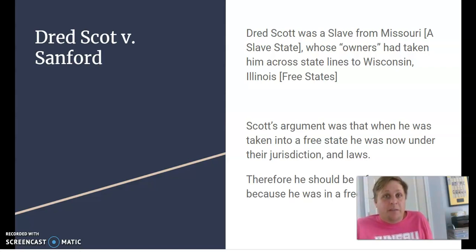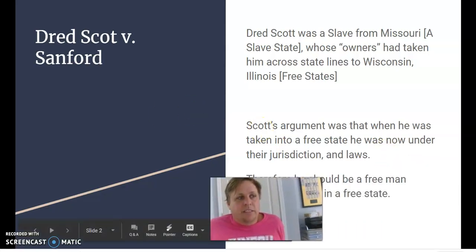His argument being that the minute he moved to a free state, everybody in that household was then under the jurisdiction of that state. So when he moved to Wisconsin, he was under the laws of Wisconsin. When he moved to Illinois, he was under the laws of Illinois. Both of those are free states. Because he now lived under the laws of a free state, he argued that he himself should be a free man. Let me move my face.